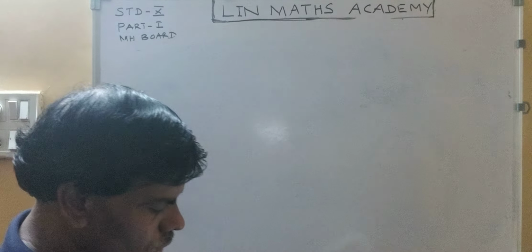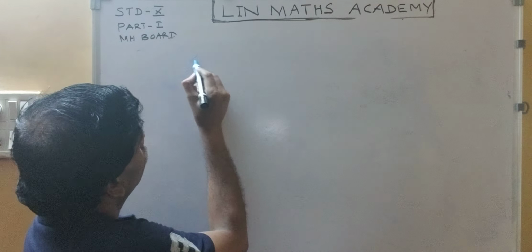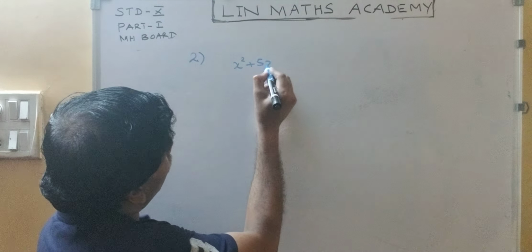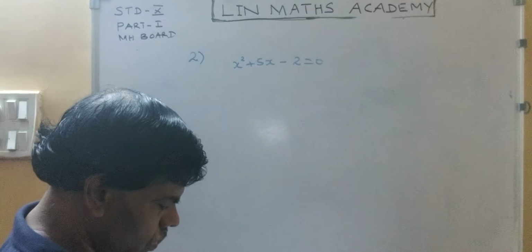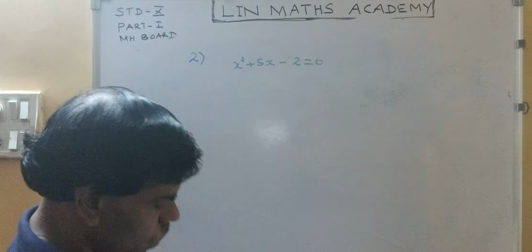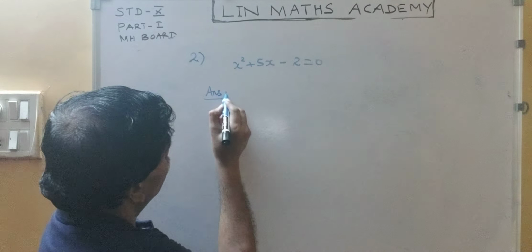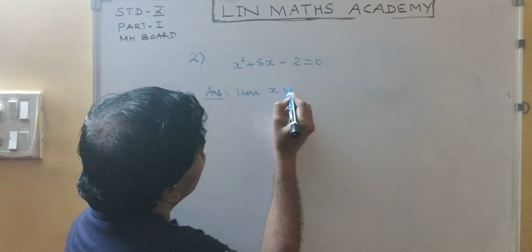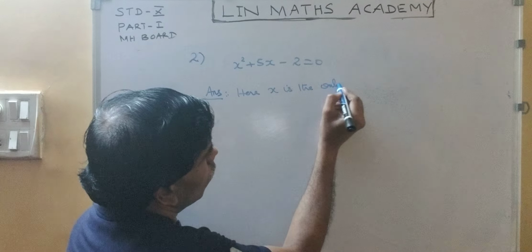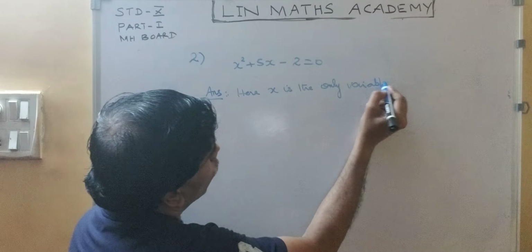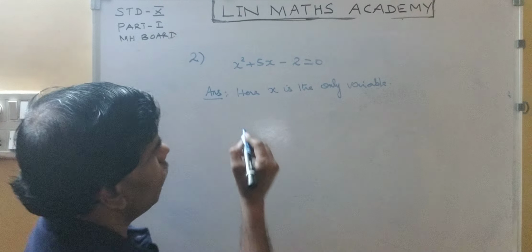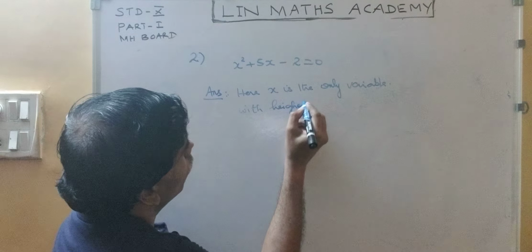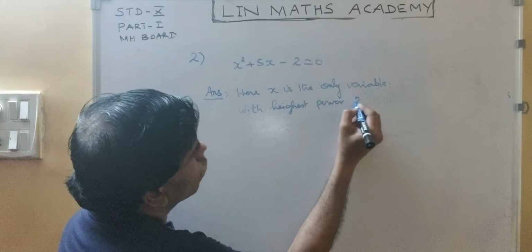Now, decide which of the following are quadratic equations. x square plus 5x minus 2 equal to 0. So, answer. Here, x is the only variable with highest power 2.